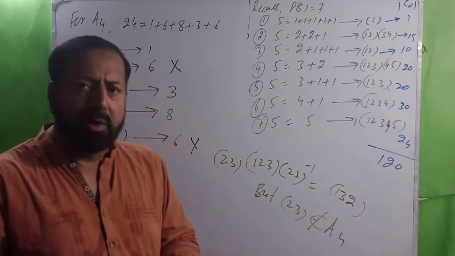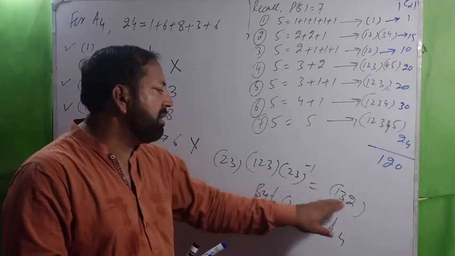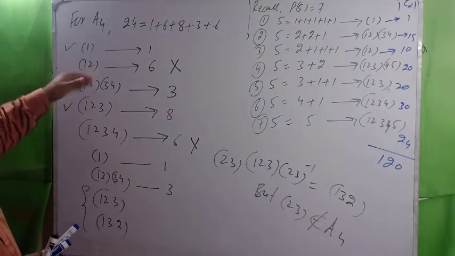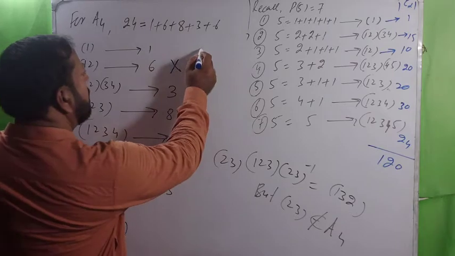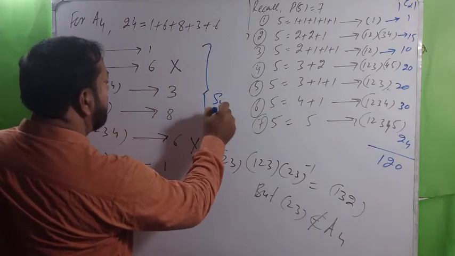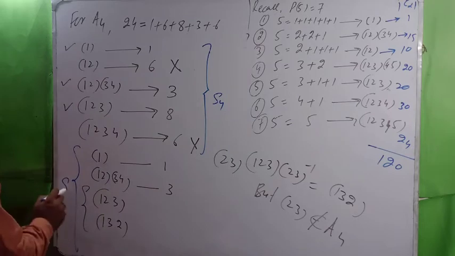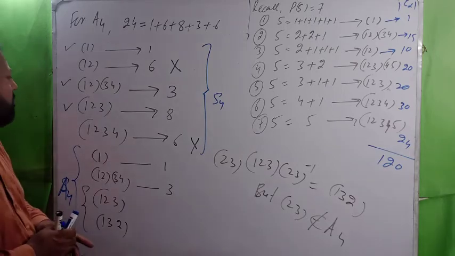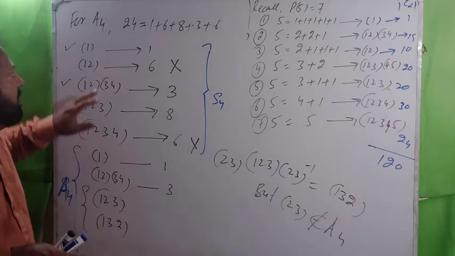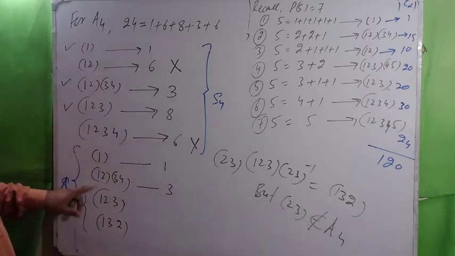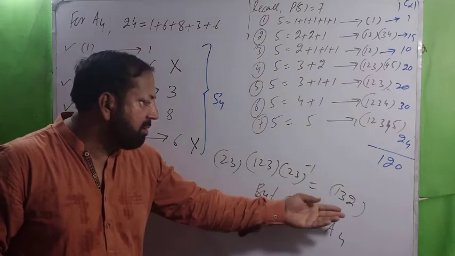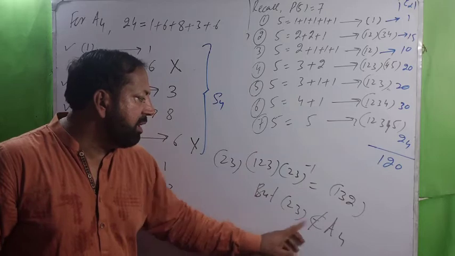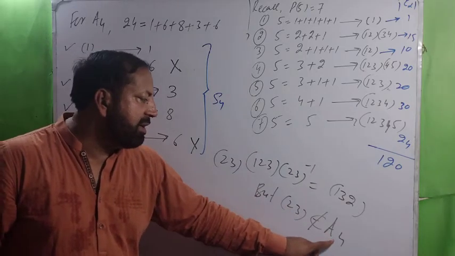So it's very interesting that both the elements (1 2 3) and (1 3 2) appear in the same class in S4, but in A4, these are the classes for S4, and these are the classes for A4. Okay, so both were appearing in the same conjugacy class for S4, but for A4 they are not appearing in the same class, because (1 2 3) is not conjugate to (1 3 2) in A4, because (2 3) is not an element of A4.